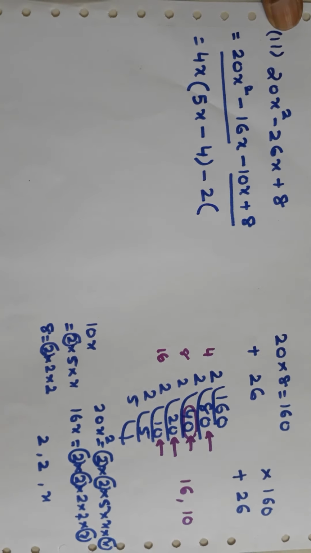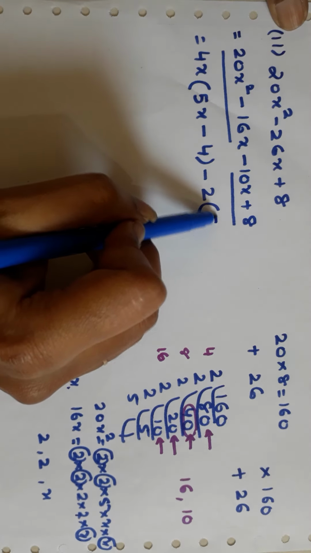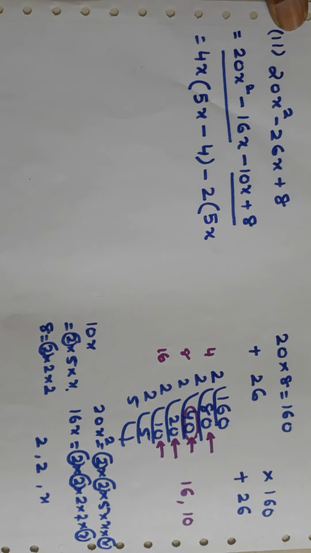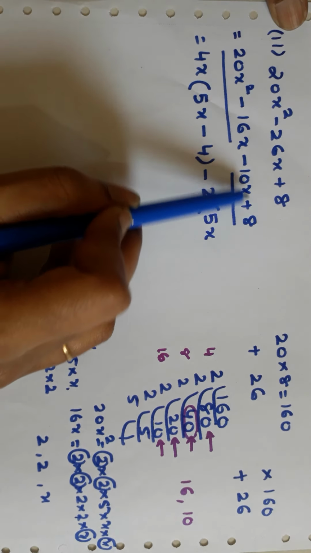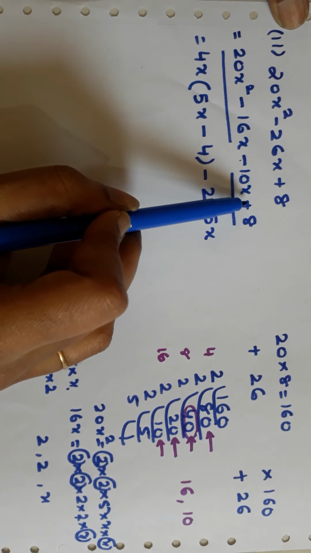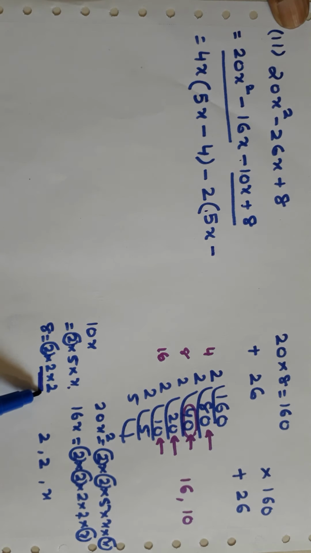Put a bracket. 5x is left, so write 5x. I am writing plus 5x because I have already taken minus outside, so the sign of both the terms will change. Here it is minus, so it will become plus. Here it is plus, so it will become minus. And the remaining term, when you take 2 common from 8, is 4.